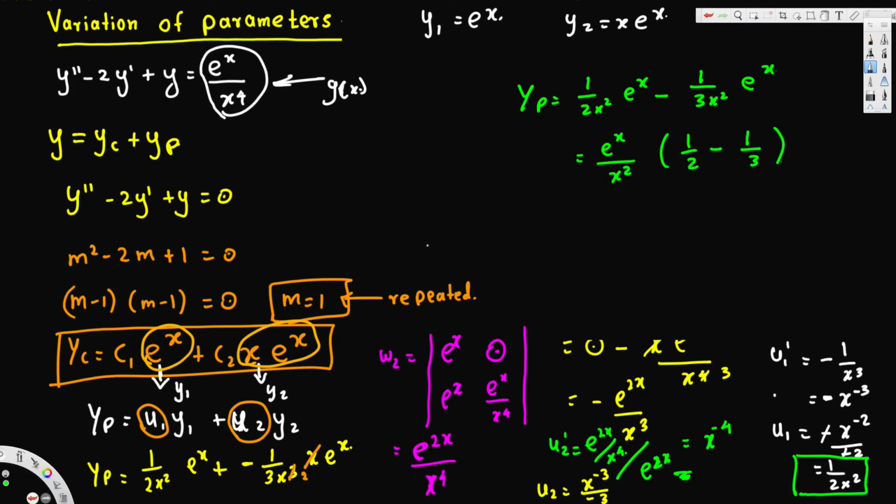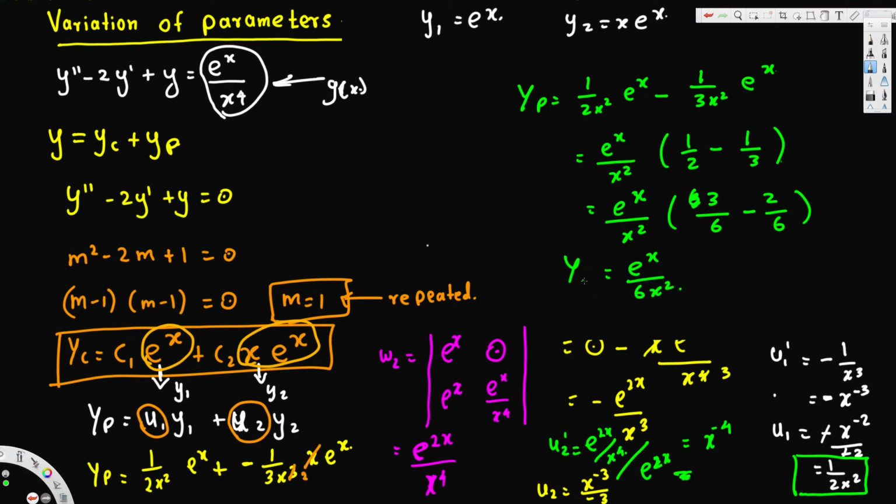And here we can take the common denominator as 6. This is going to be e power x divided by x square multiplied by 3 divided by 6 minus 2 divided by 6. Then 3 minus 2, that's going to be just 1. And then finally we will end up with e power x divided by 6x square.